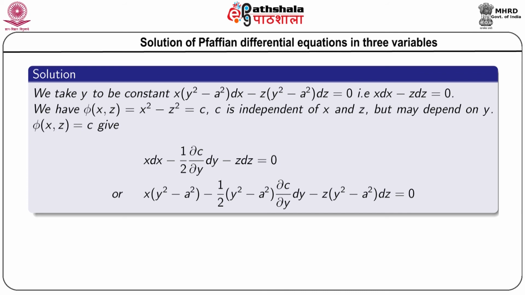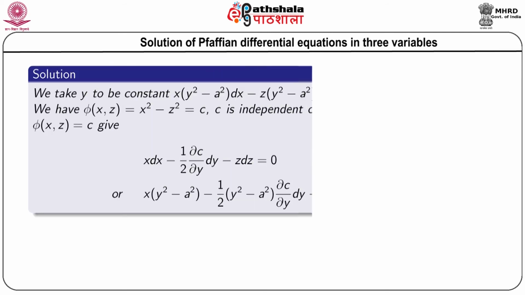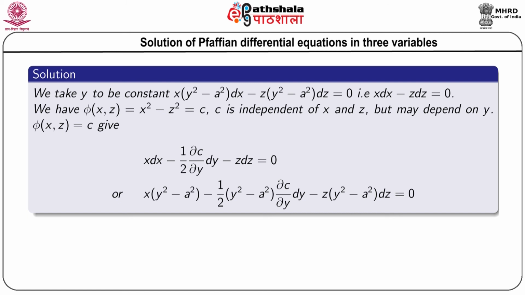then we will get the relation in this form: ∂c/∂y + 2cy/(y² − a²) equals 0, and it is very easy to solve. After integrating we will get a relation like this: c into (y² − a²) is equal to c', and we also have x² − z² equals c.